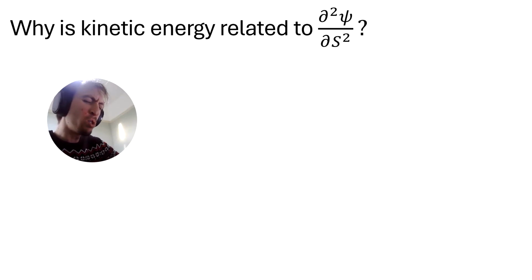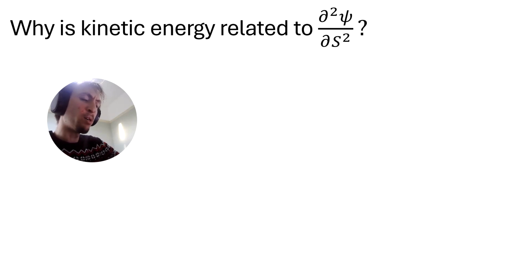So how should we interpret the kinetic energy operator as a second order derivative when applied to stationary state particles? So when we're applying the kinetic energy operator to particles which most certainly are not free.